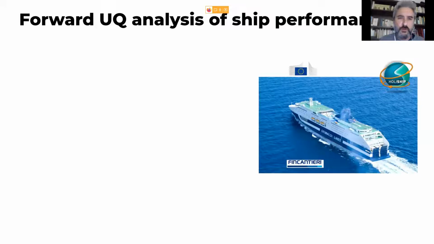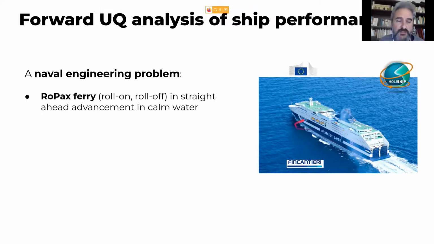We want to do forward UQ for ship performance. This is the kind of ship we are thinking of. It's a ferry, called a ROPAX ferry in engineering jargon. ROPAX means roll on, roll off passengers, because people and cars get on board the ship on their own wheels from the back, rather than being carried in and out with a crane.